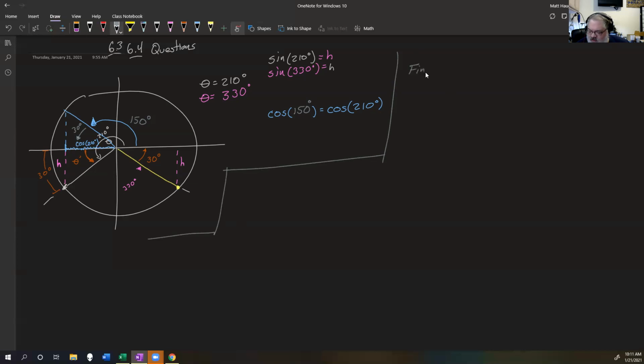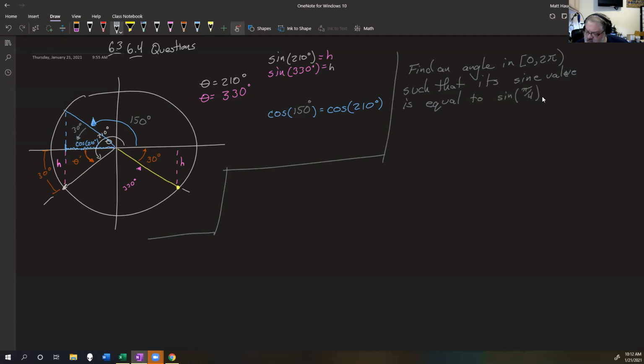So if we want to find an angle in the interval from 0 to 2 pi, so we're in radians, such that its sine value is equal to the sine of pi over 4.